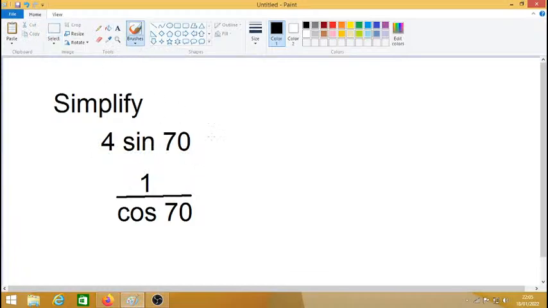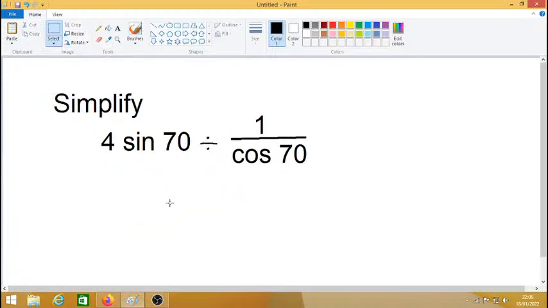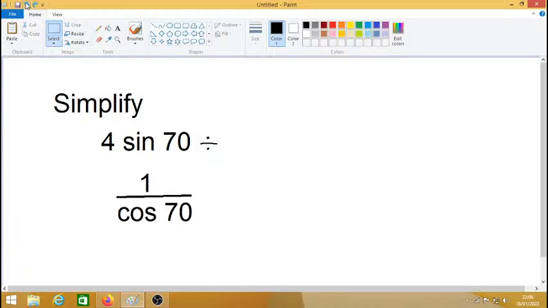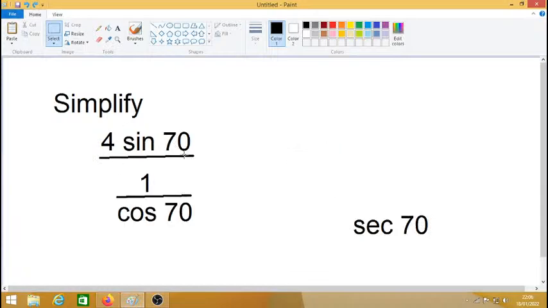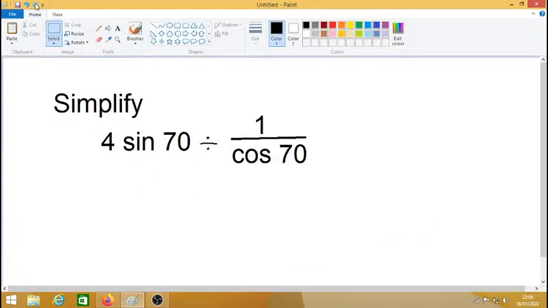So it's 4 sine 70 divided by 1 over cos 70. So that's what that first fraction line meant. Let me just show you again: 4 sine 70 divided by 1 over cos 70. We're just writing that literally as I say it.